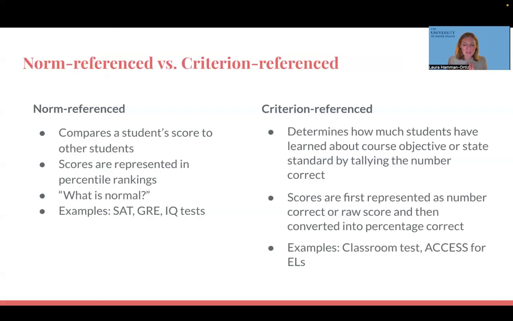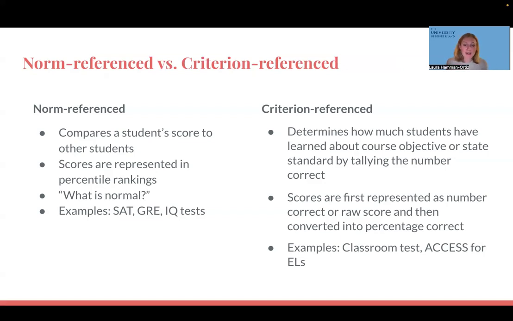So there's a line of, this is average, this is the normal score, and then everyone falls above or below it. So SAT tests, GRE, IQ tests are norm referenced. So it's not about the content itself and you're receiving your score based on that. You're being compared to other students, and that's how you receive your score.